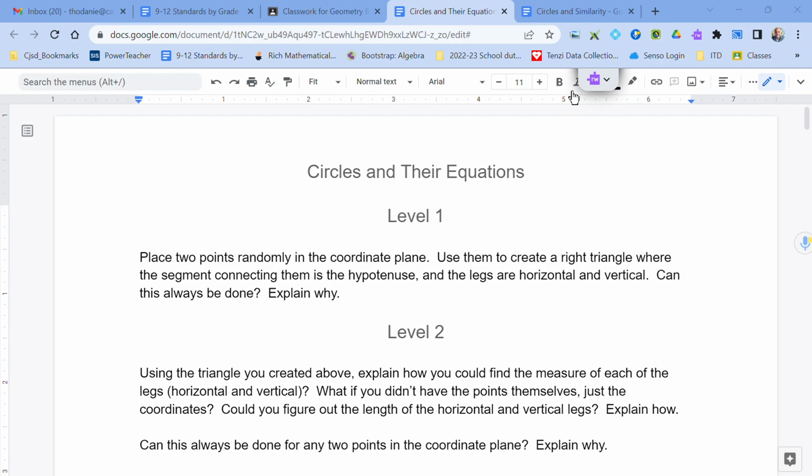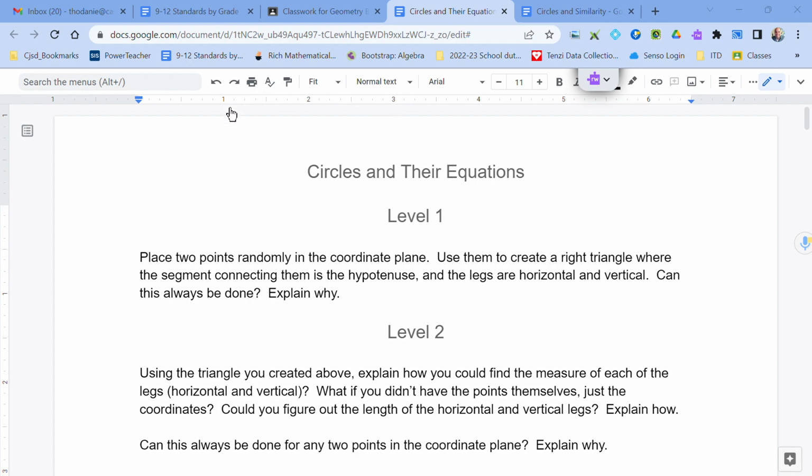And the answer to that is no, not always, because look, if they're completely horizontal, well, then it wouldn't be a triangle, right? If it was completely horizontal, how would I measure that length? I would just use the x-axis to measure the length. And if it was completely vertical, I wouldn't make a right triangle, but I could just measure that using the y-axis to get the length, right?